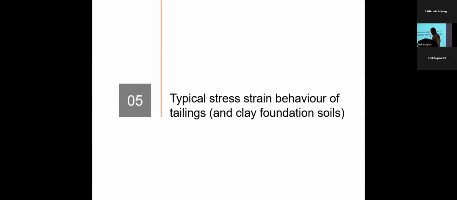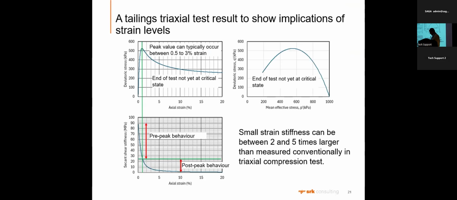So getting into some more details. And this is to give perspective to the geophysics people that are here. I've shown one tailings triaxial test result to show the implications of strain level.